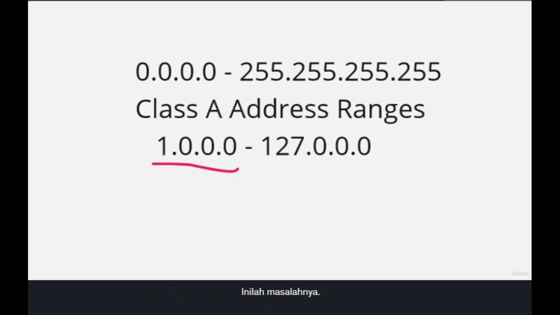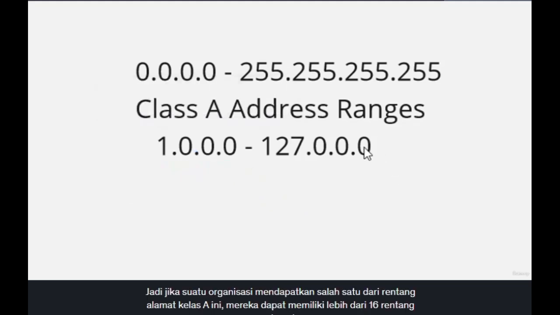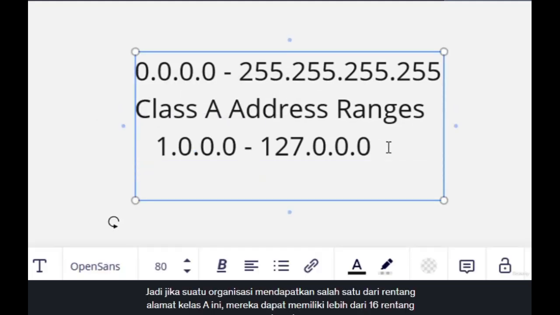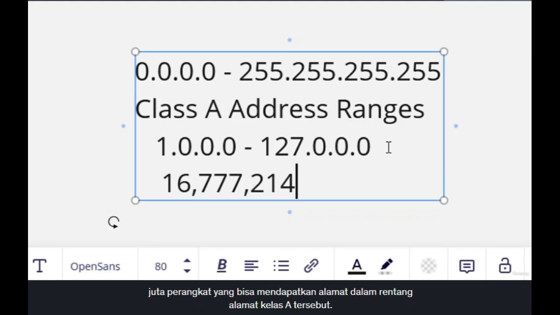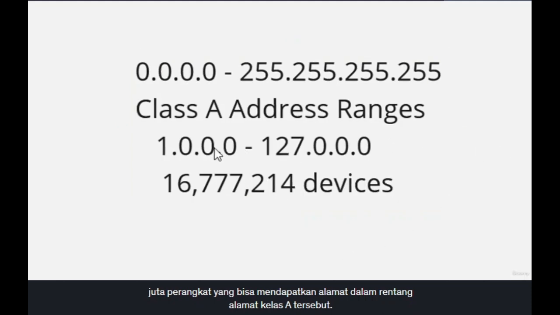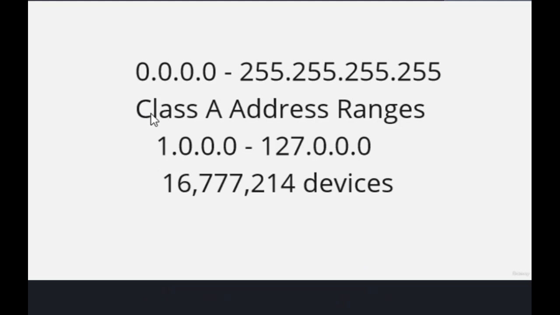Here's the problem. These class A addresses are absolutely massive. And so if some organization were to get one of these class A address ranges, they could have over 16 million devices that can get an address within that class A address range.